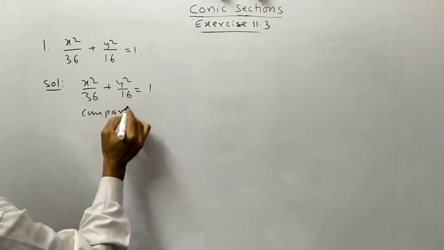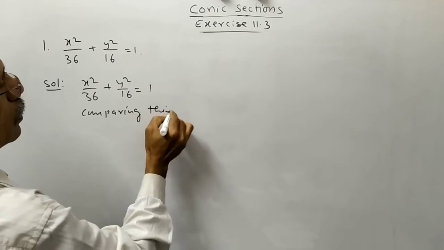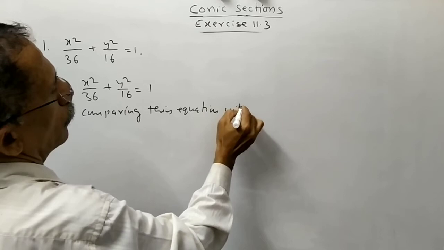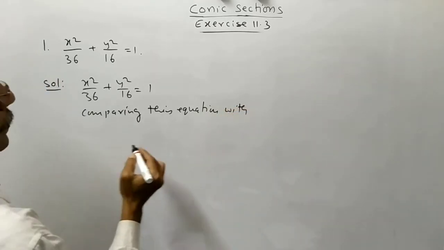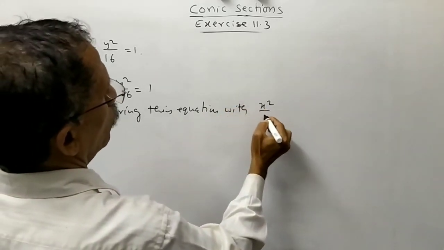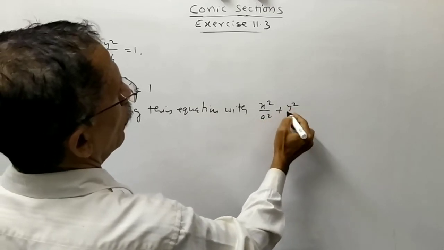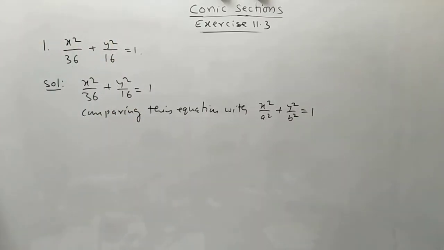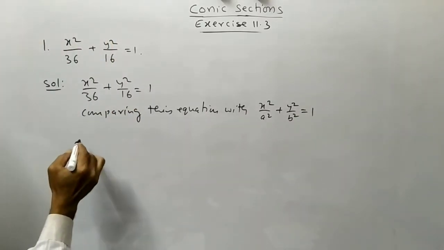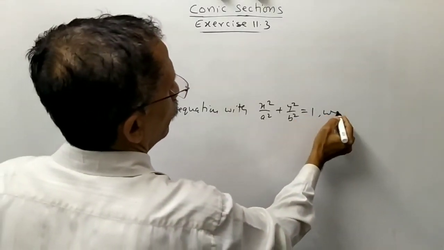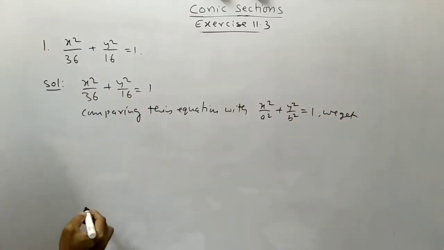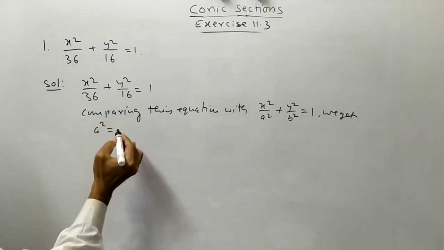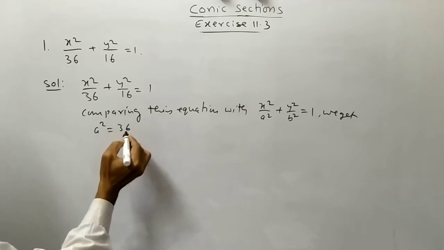Comparing this equation with x square by a square plus y square by b square is equal to 1, we get a square is equal to 36.